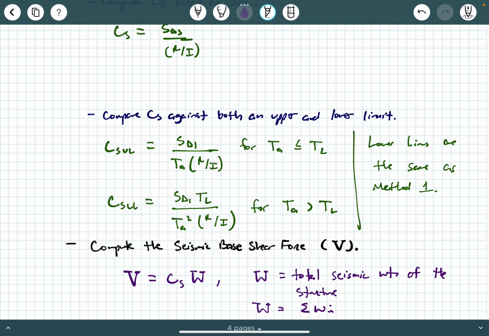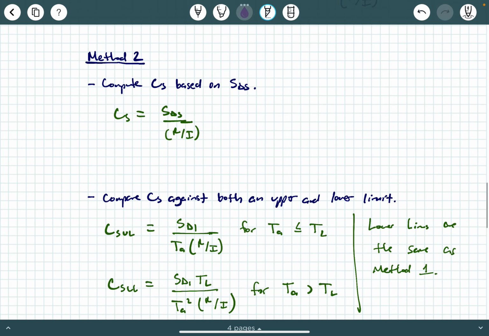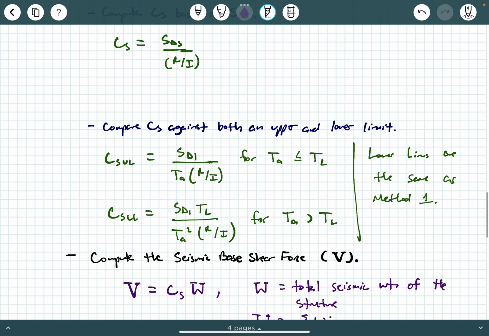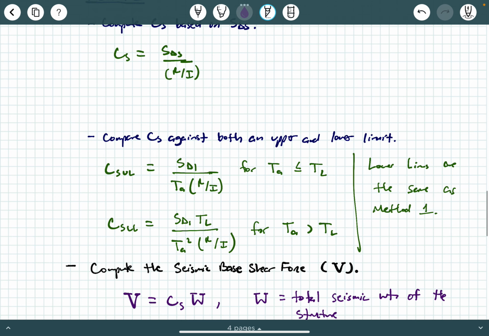So back on C sub S, what C sub S do I use? Do I always use the C sub S calculated? Not necessarily, okay? That's why we're checking these upper and lower limits. So remember, if you get a C sub S and then you get a C sub S upper limit and a C sub S lower limit, if the C sub S that you calculate here is smaller than C sub S lower limit, you use C sub S lower limit.